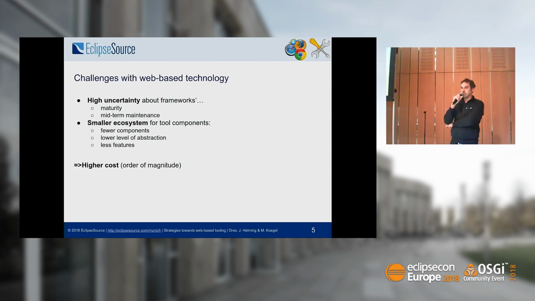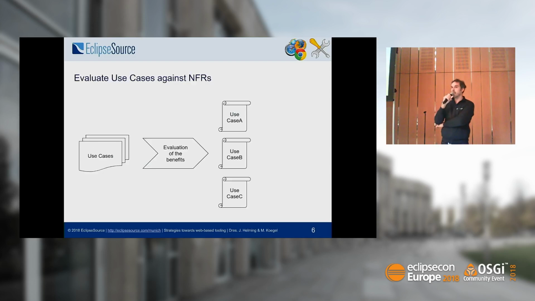And it's very simple. We should look at the use cases of our tool, and evaluate the benefits of those use cases being available in the web. I'm not talking about tools as a whole. I'm really talking about use cases, because in many scenarios there are huge benefits for some use cases, while for other use cases of your tool chain you don't gain so much.